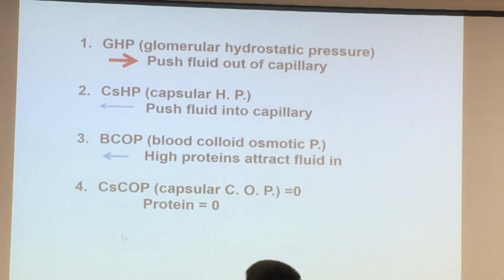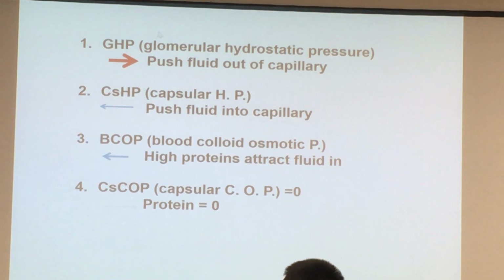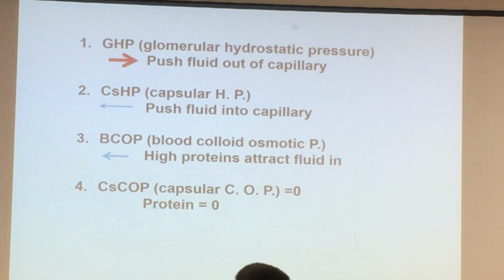Okay, so I summarize with these two pressures. I put the arrow to the right side, meaning it pushes the fluid out from the blood capillary. A little bit bigger means it's a strong force. So GHP is the glomerular hydrostatic pressure, the blood pressure. That is the major force to push the fluid out.